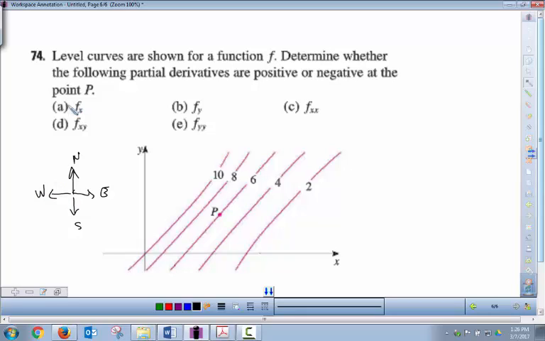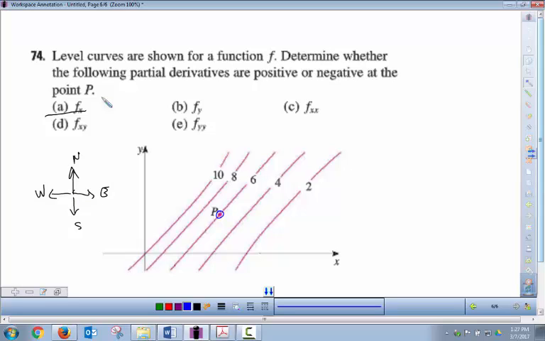So let's see if we can find whether things are positive or negative. Let's take a look at fx first of all. Fx tells us from this point we want to move in the x direction. Which way in your map is the x direction? Usually when we think of the rate of change, we're going in the positive direction.